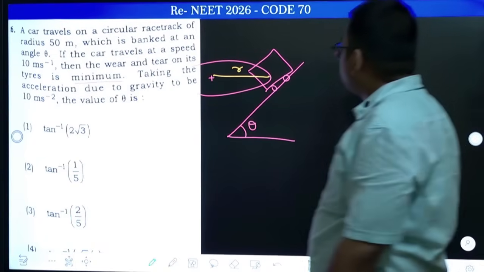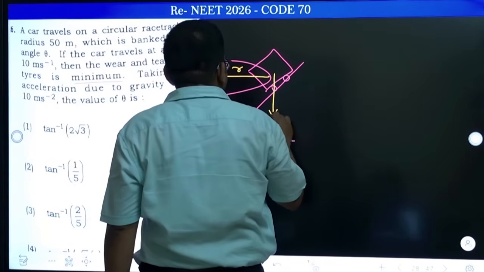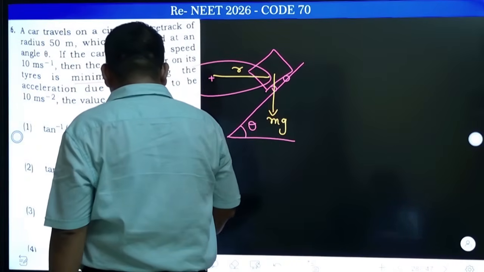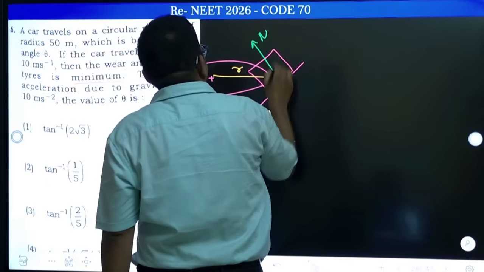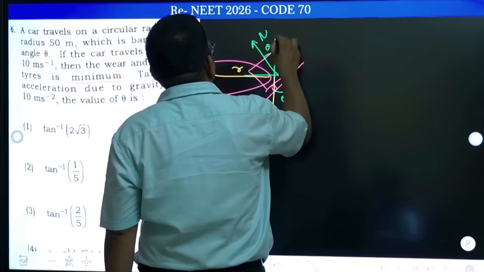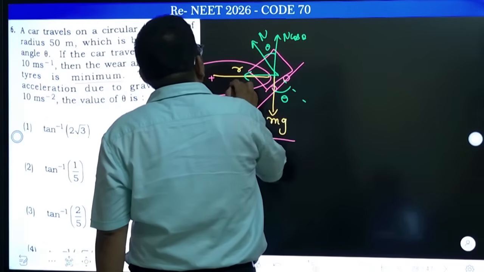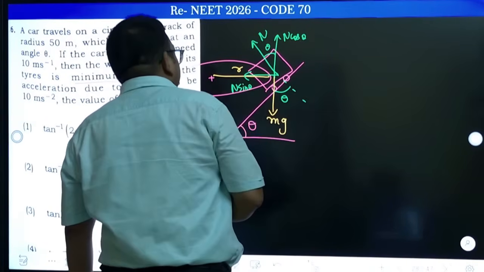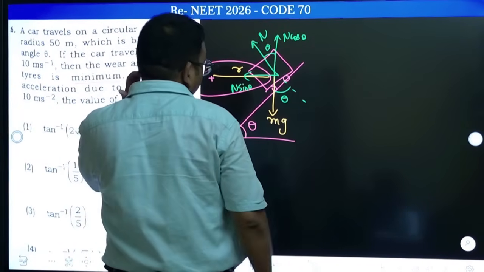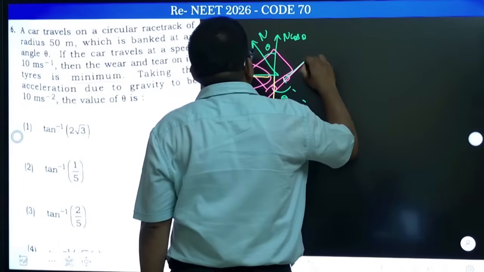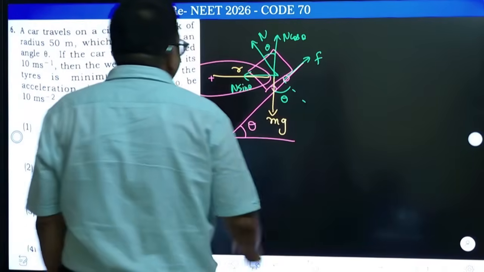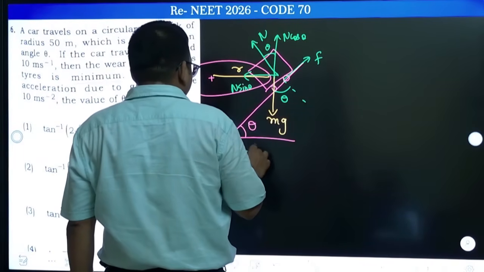Okay, let's try to draw the free body diagram. So mg will act like this, and normal will be acting in this manner. Normal has two components here. This angle is the same as theta, so normal cos theta and normal sin theta. Suppose the car has a tendency to slide downward, so friction will be acting this way.